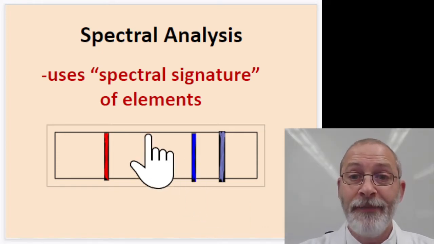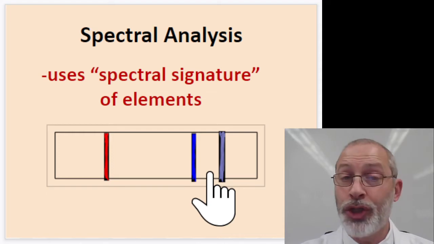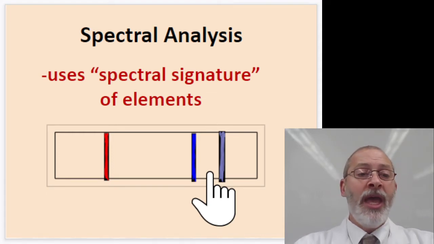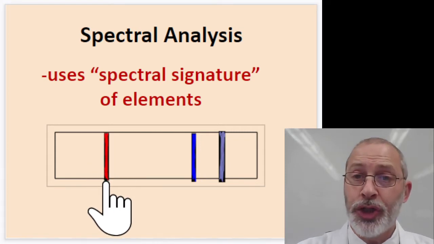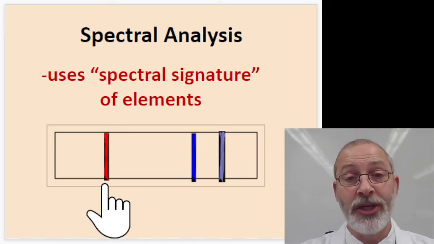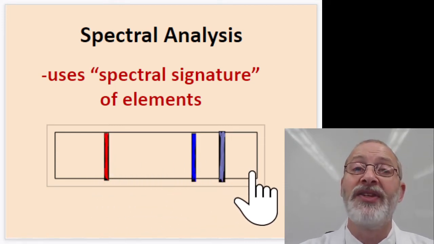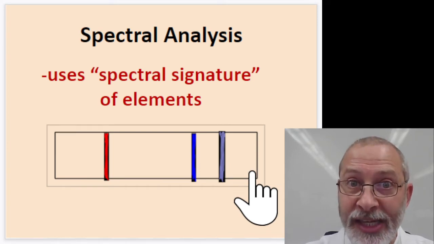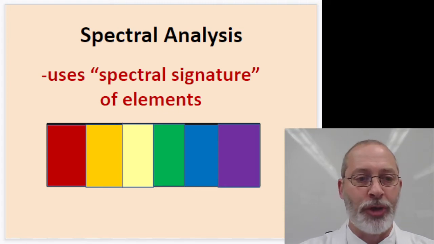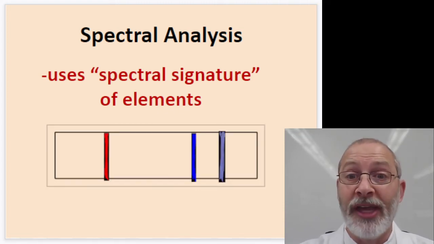You're going to see a fingerprint of different elements because each tube is filled with a different element. And so you're going to illustrate the fingerprint or the spectral signature of each element according to the wavelengths of light that you see. And you will compare that with the full spectrum of colors in your observations.